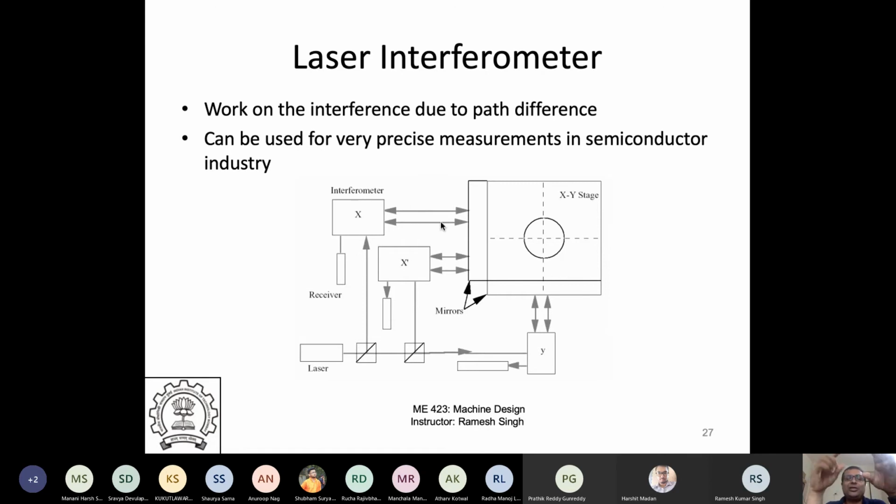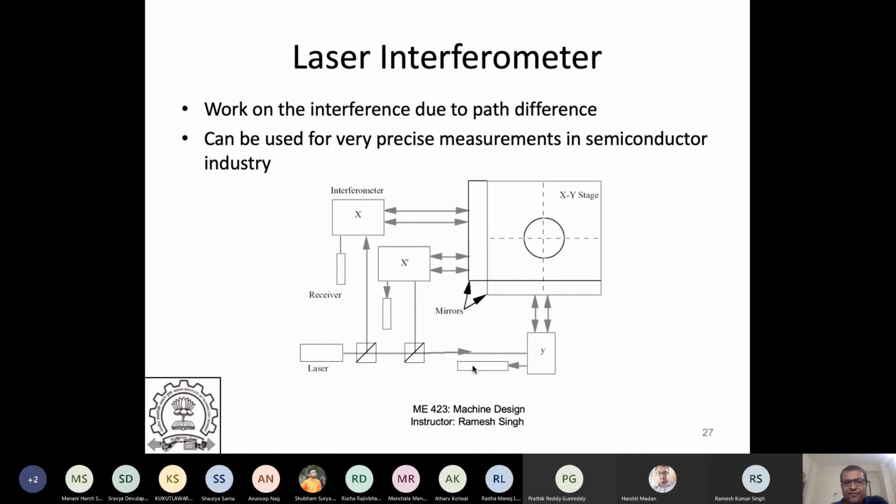They will take one light and split it into two, and one will cover more distance than the other one. And then they would look at the interferometer fringe patterns, and that fringe pattern would give us what kind of distance it has moved. So basically, that's how you do it.